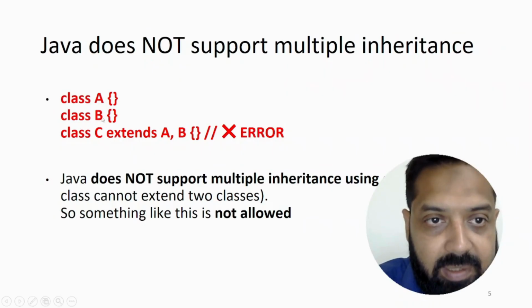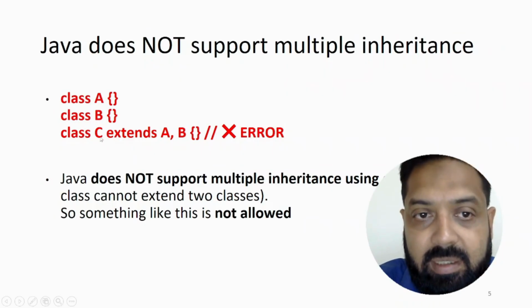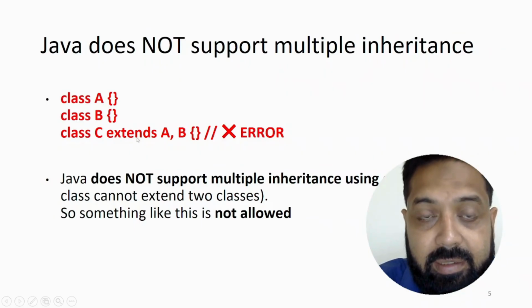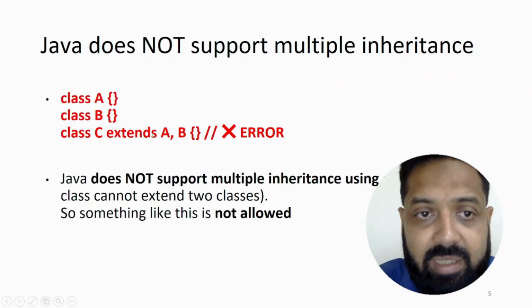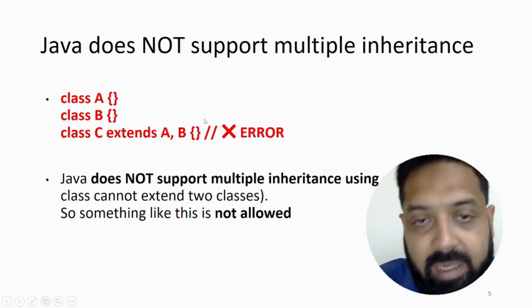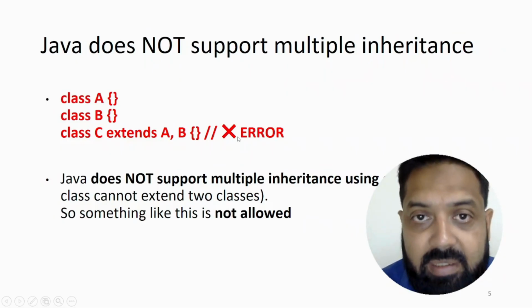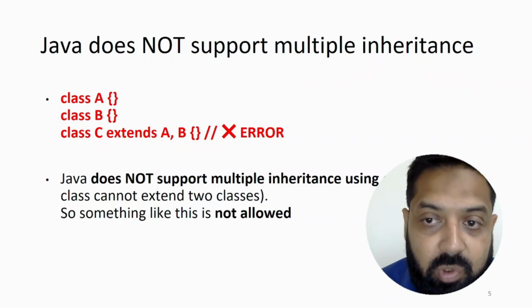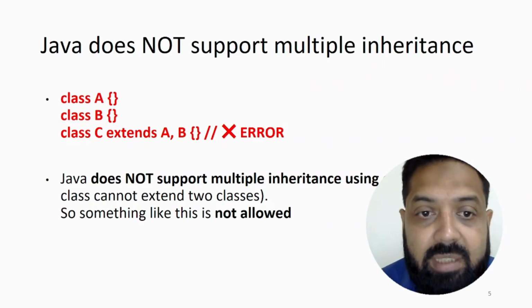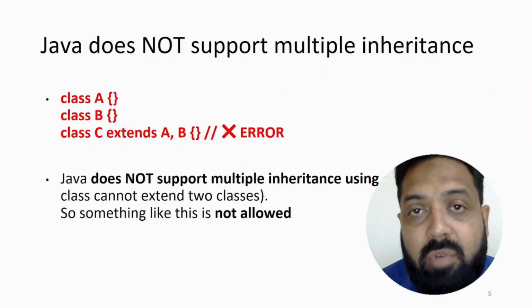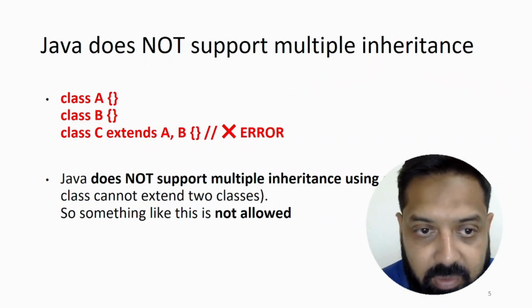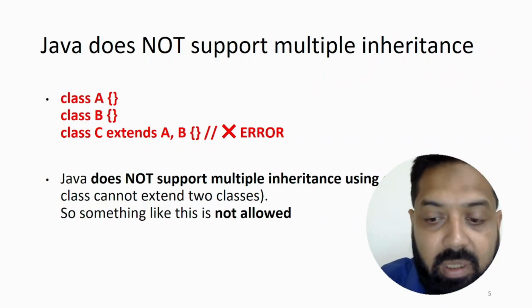Like we have class A and class B, and if we write class C extends A comma B, then it will give us an error. The reason is that Java does not support multiple inheritance. We cannot extend our class from more than one class. So this is not allowed in Java.